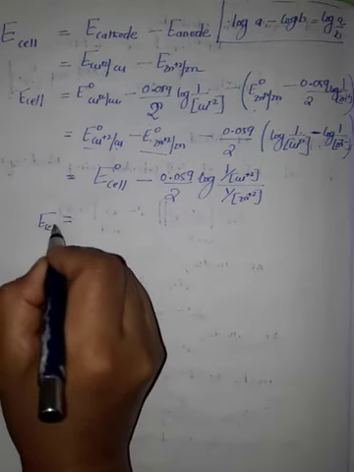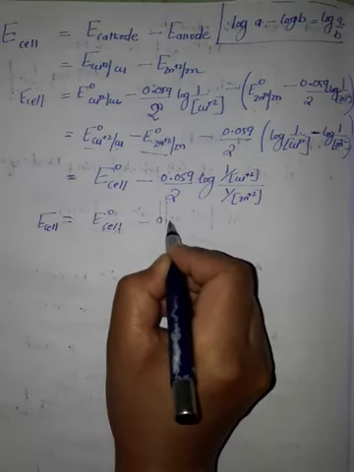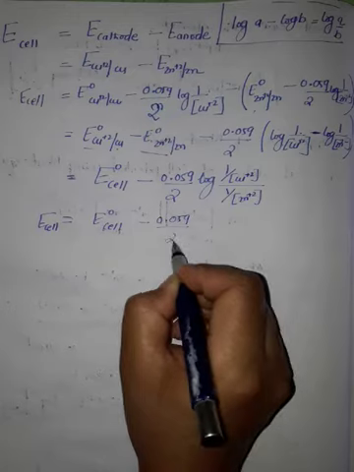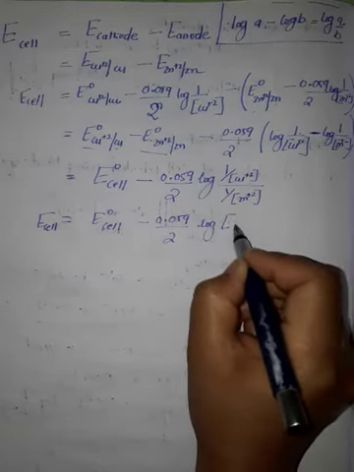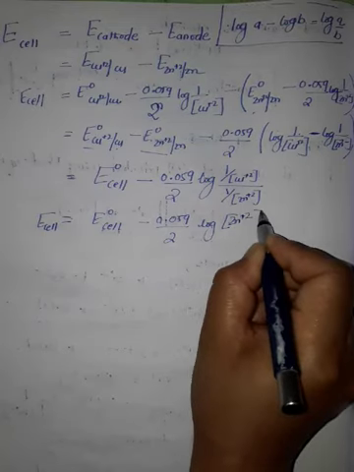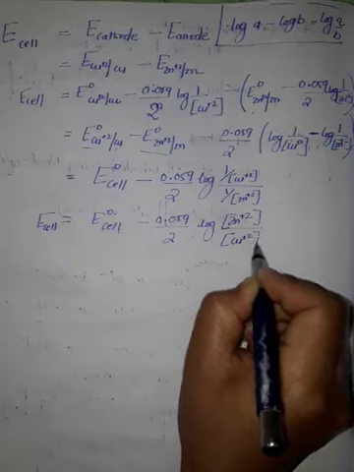This is your E cell: E naught cell minus 0.059 divided by 2 log. What will you get after solving this? Concentration of zinc ion divided by concentration of copper ion.